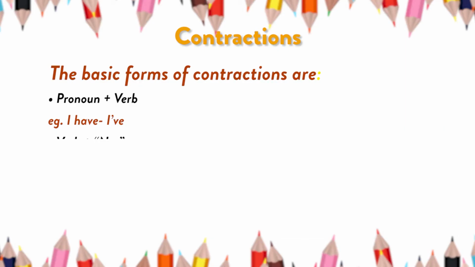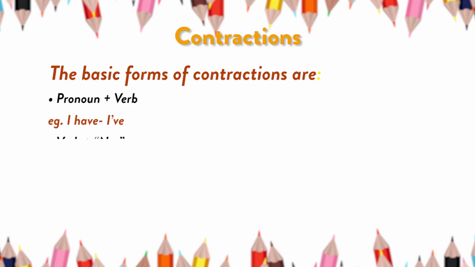While there are quite a number of ways contractions are formed, or I should say, where we use different kinds of words to form contractions, the basic forms we use are pronoun and verb contractions. For example, "I have," "I" being the pronoun and "have" being the verb.